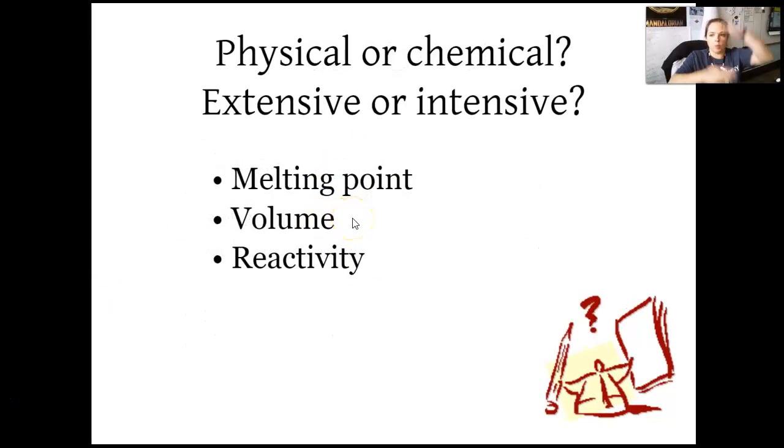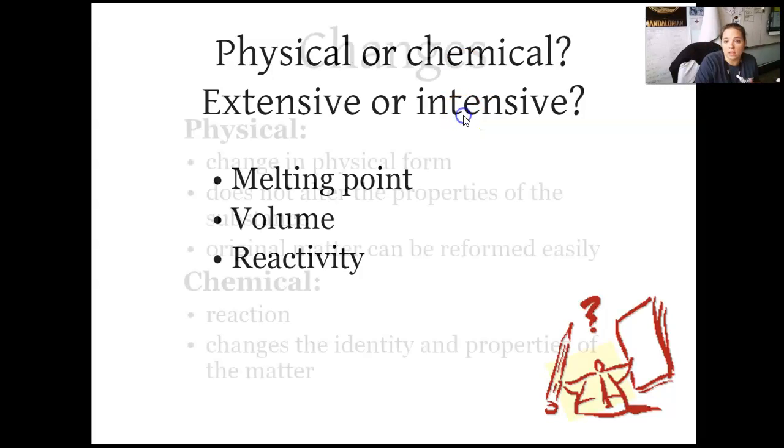How much stuff is in there, that is physical, and it is based on outside stuff. You could have a change in volume all over the place. I'm going to want to say that is extensive. It doesn't matter what's inside, like what it's made of, it can change in volume. Reactivity, that is definitely chemical, and that's inside. What it's made out of tells you if it's going to be reactive.